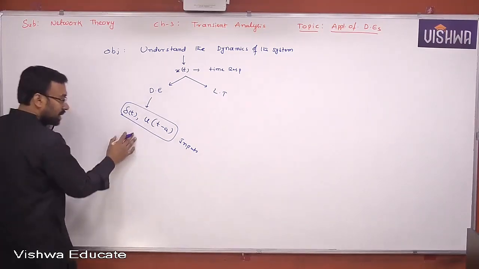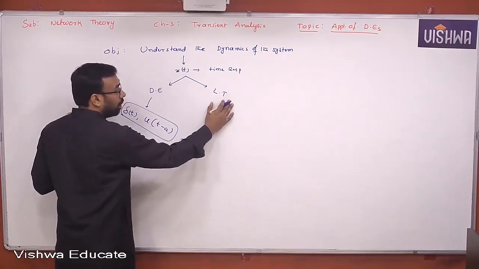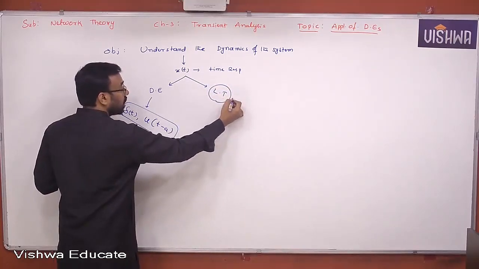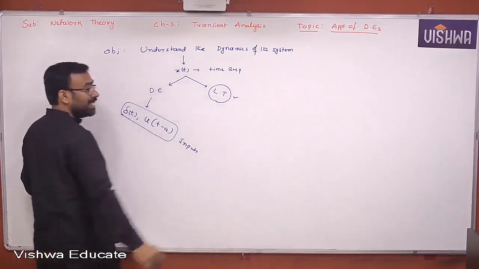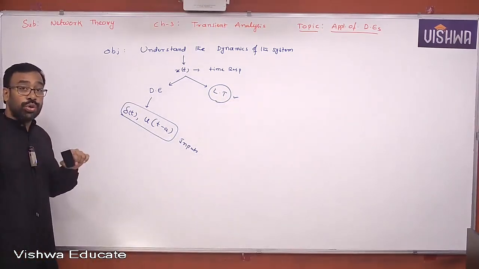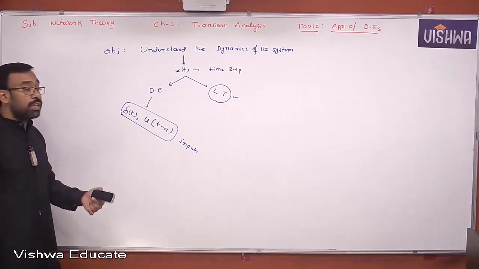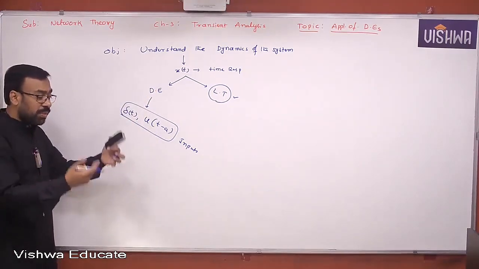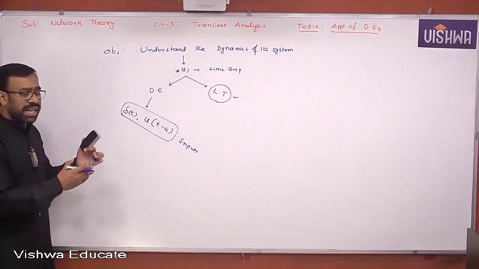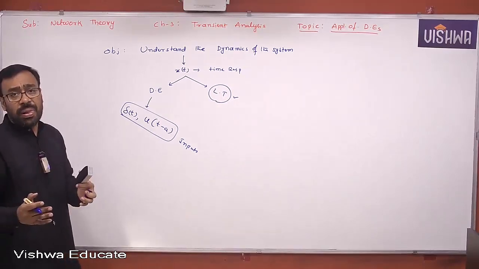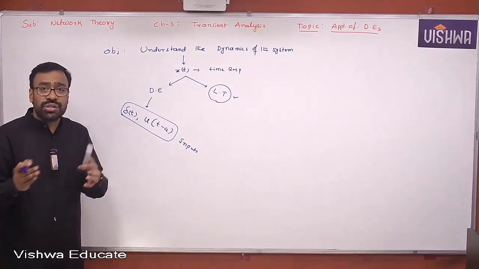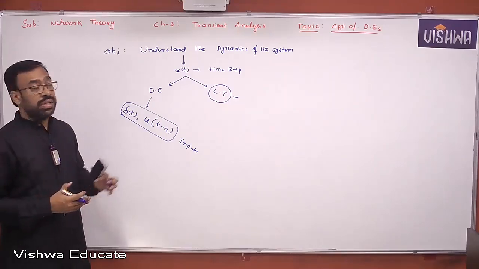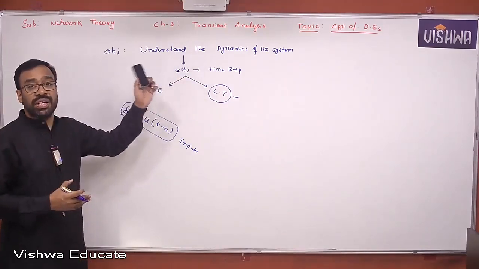In such cases, the time response can be obtained easily using the Laplace transformation approach. I'm going to explain first how we apply the differential equations. In that approach, first I explain the conventional method, the usual procedure. Then I'll give you a simple shortcut technique to find the time response.